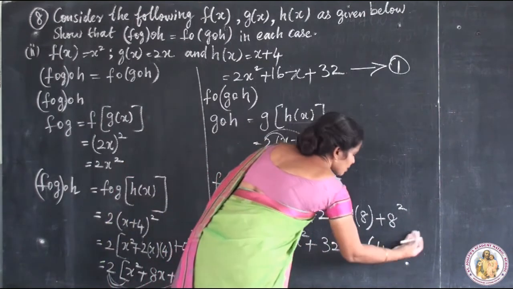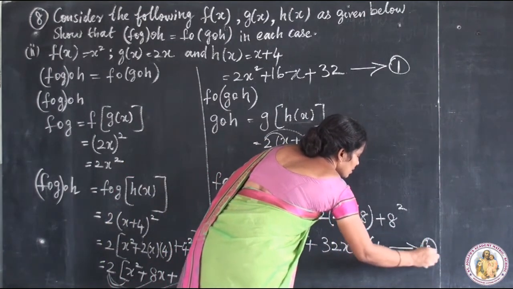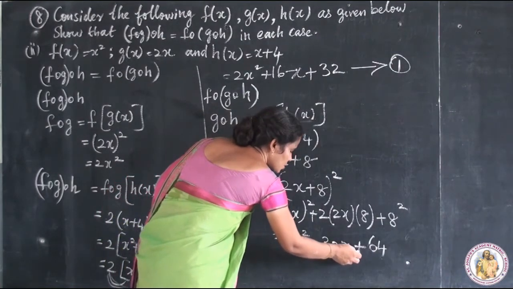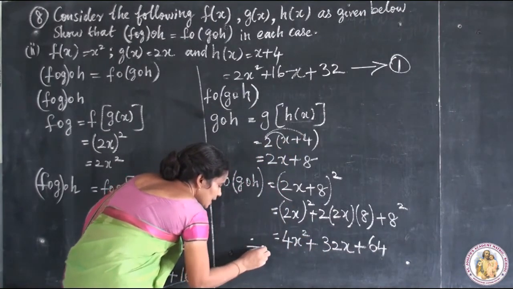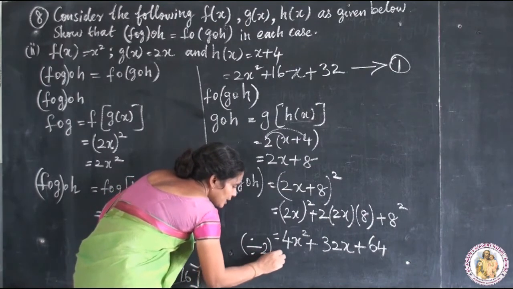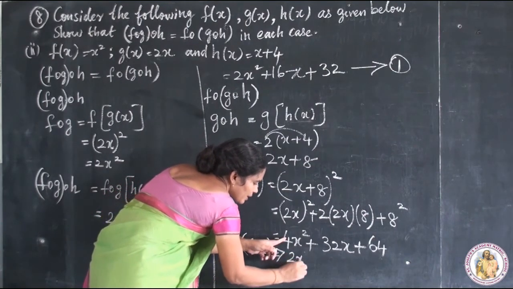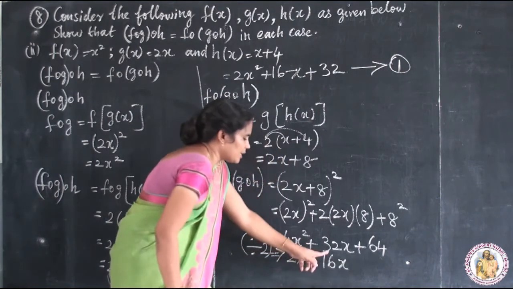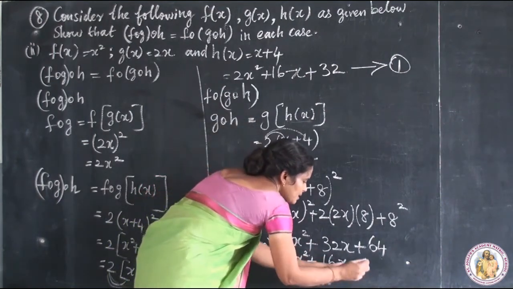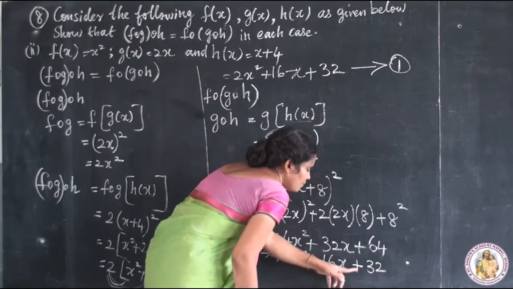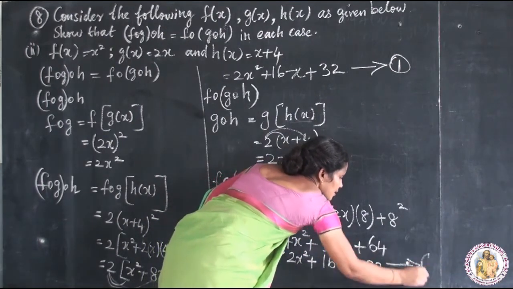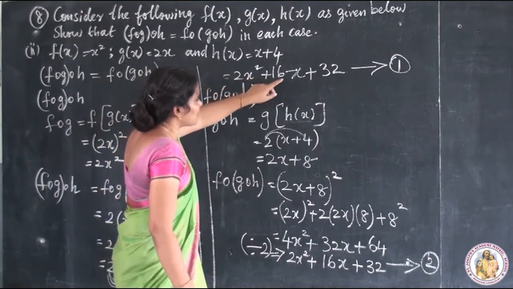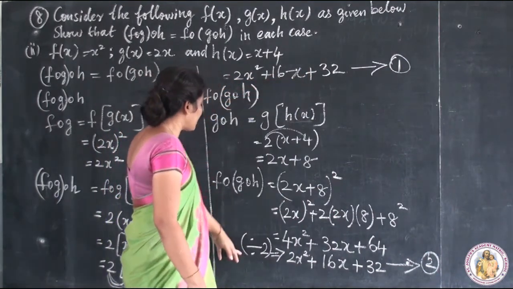Okay, this will be 4x square plus 32x plus 64. Divide each term by 2. It gives 2x square plus 16x plus 32. Taking this as 2. Here you can see 2x square plus 16x plus 32 in first and in second.